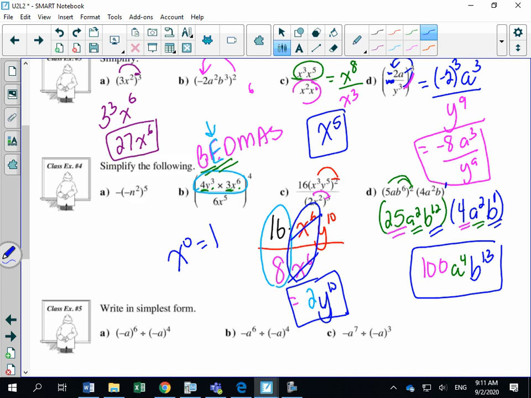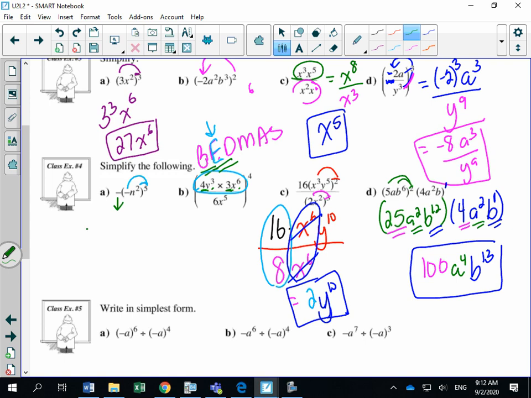Okay, let's look at this last question, which is the first one actually, A. What this 5 applies to is actually two things in the brackets. It applies to the n squared and it applies to that negative. That negative is a -1. So what I'm going to do is rewrite this.